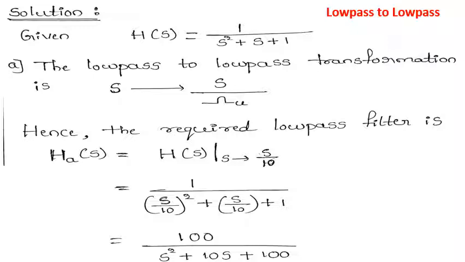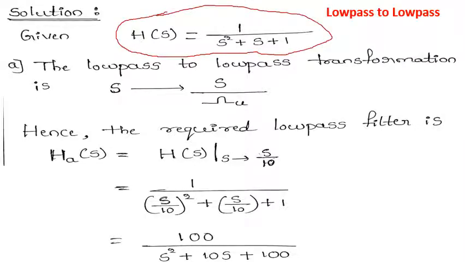Given H(s) equals 1 divided by s square plus s plus 1. So this transfer function H(s) represents the transfer function of a low pass filter with cutoff frequency 1 radian per second.